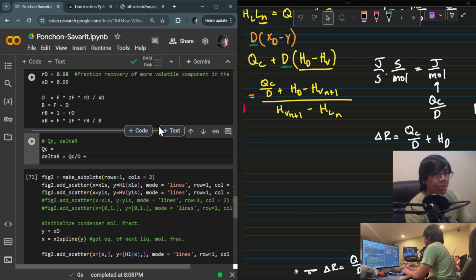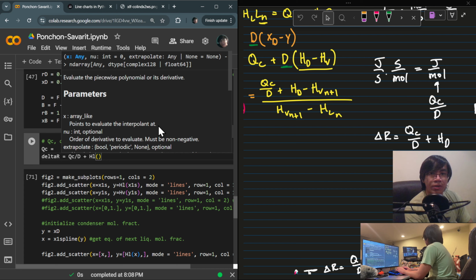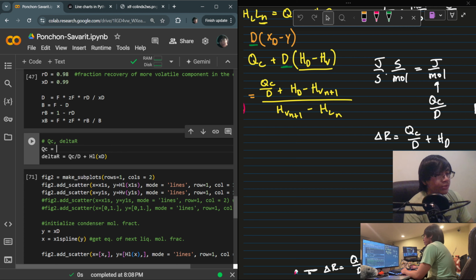And then HD is the enthalpy associated with the distillate, but the distillate is a liquid, so we use the enthalpy of the liquid associated with the composition of the distillate, that's just XD. Now QC is the one we need to see where it's coming from.